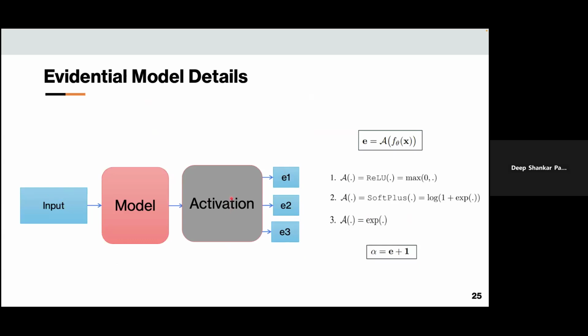These evidential activations have some properties, and some popular choices used in the literature are ReLU, soft exponential functions. What these functions do is basically transform the output of the network into the evidence. From this evidence, we can obtain the Dirichlet parameters and look at the model's uncertainty.